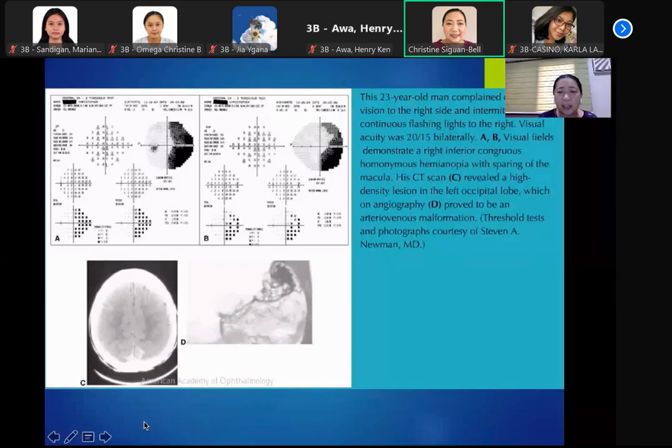His CT scan revealed a high-density lesion in the left occipital lobe, which on angiogram proved to be an AV malformation. So now what we can see is a right inferior congruous homonymous hemianopsia with macular sparing, which means that the lesion is near the occipital lobe.